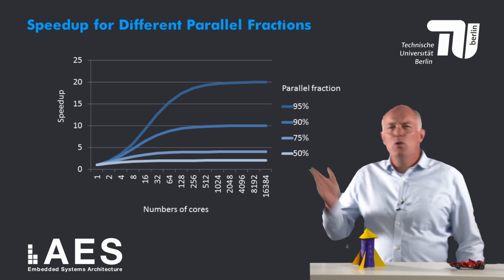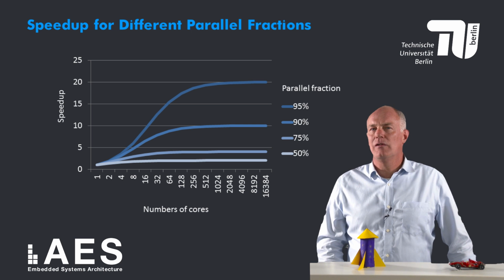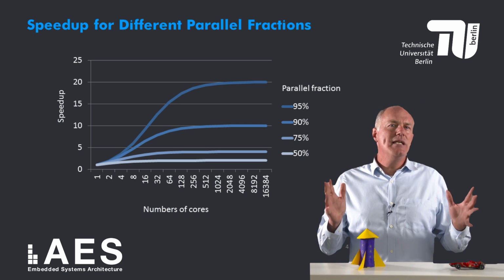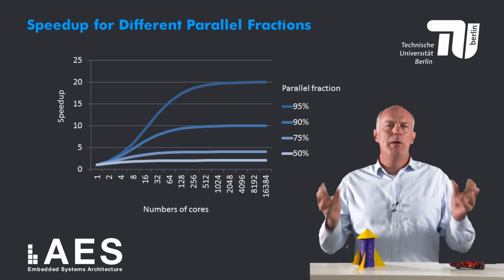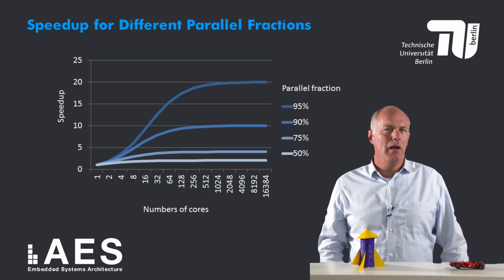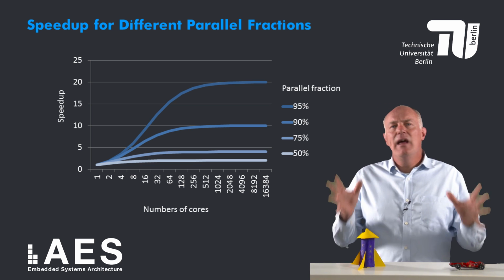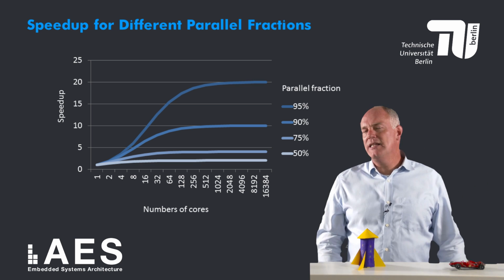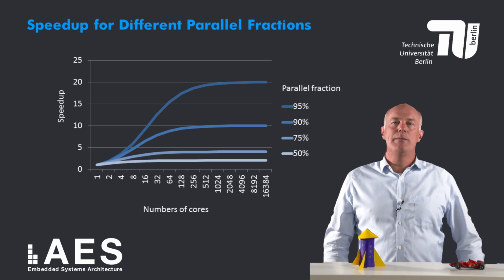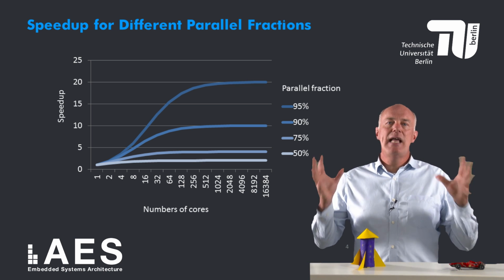Please note that we use a logarithmic scale for the horizontal axis. It can be seen that the speedup is determined more by the fraction that can be parallelized than by the number of cores. In fact, even though we use more than 16,000 cores at most, the speedup is never more than 20.